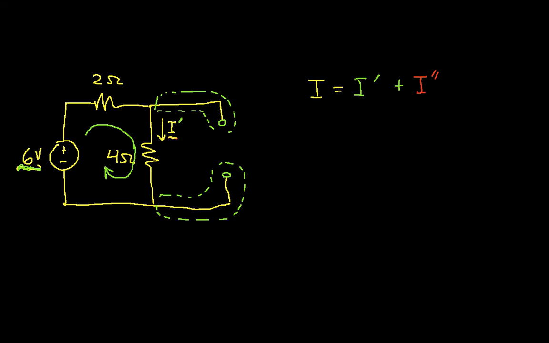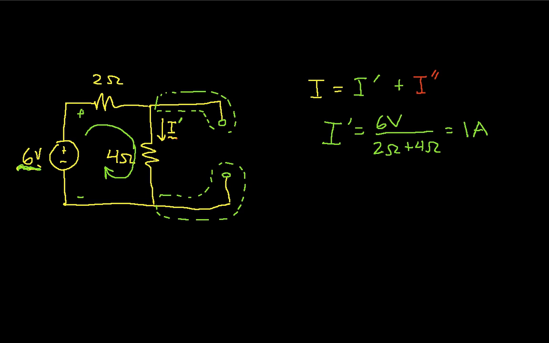I have 6 volts across this point, and then I have these 2 resistors, the 2 ohm resistor and the 4 ohm resistor, in series. So the current I prime is going to be the total voltage, which in this case is 6 volts, divided by the total resistance, which is 2 ohms plus 4 ohms. So I prime is going to be 1 amp. Well, that wasn't so bad, was it?